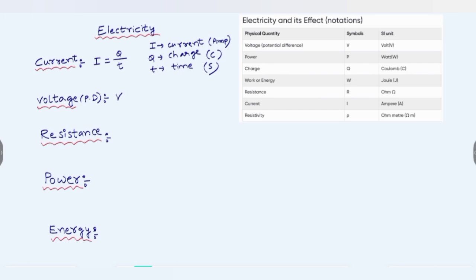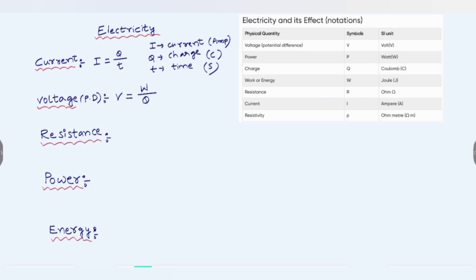It is denoted by V, and the formula is V is equal to W by Q, where W is work done and charge is denoted by Q. So this is the second important formula in the electricity lesson.